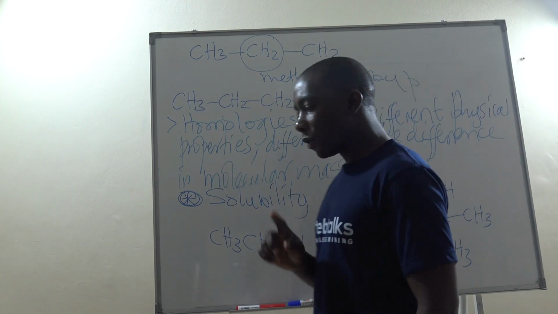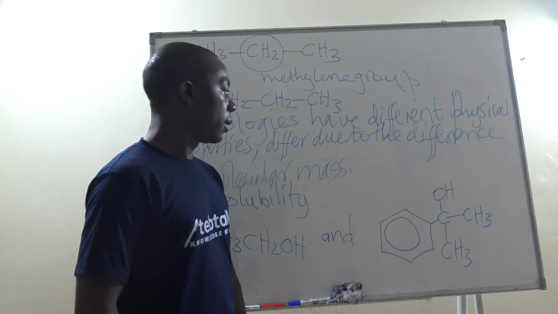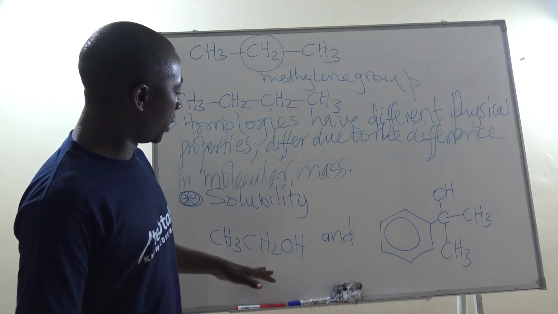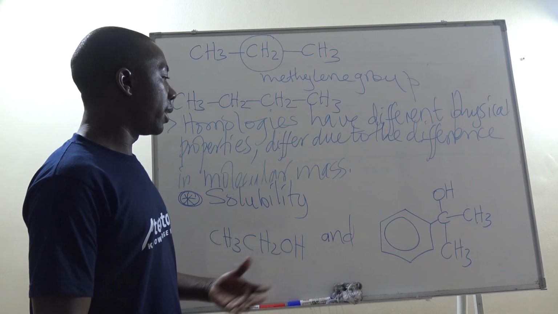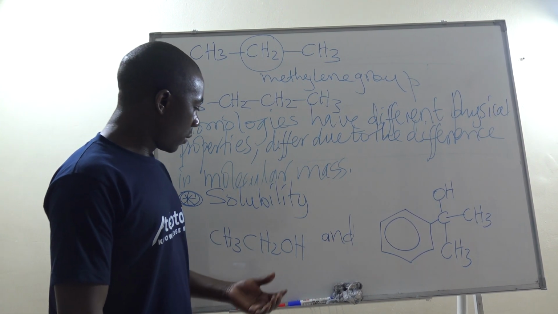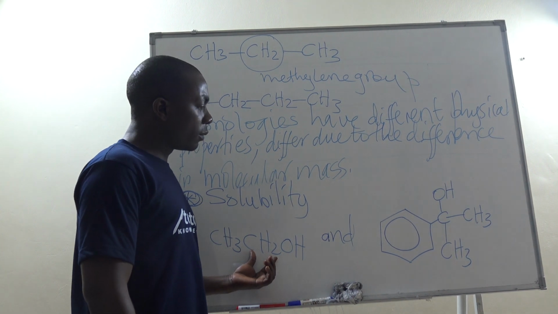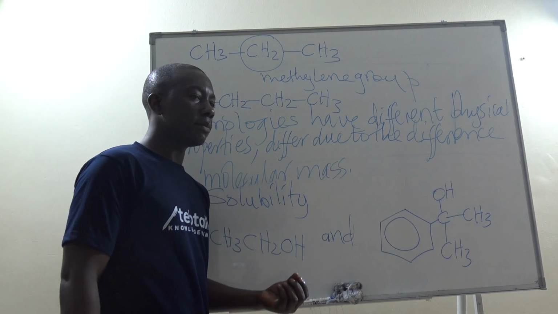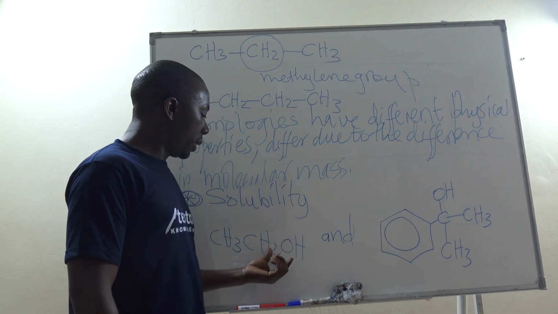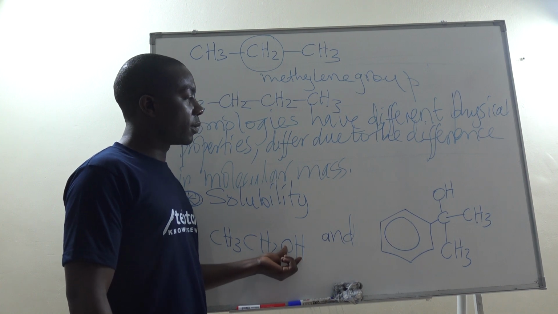We know quite well that all alcohols are supposed to be soluble, but solubility depends on the molecular mass of the respective compounds. When you consider the mass of this one, it's too small compared to the mass of the other one. Now, what causes the solubility is the polarity of the functional group.